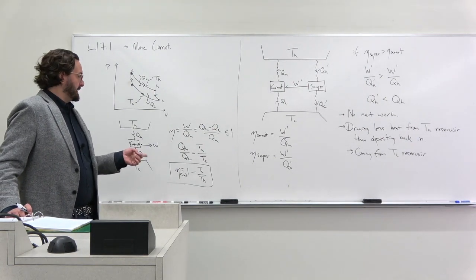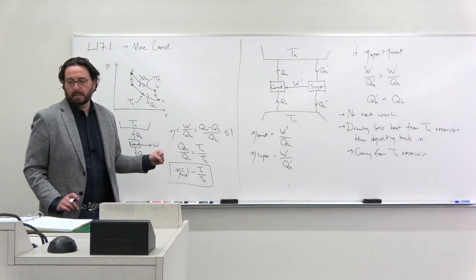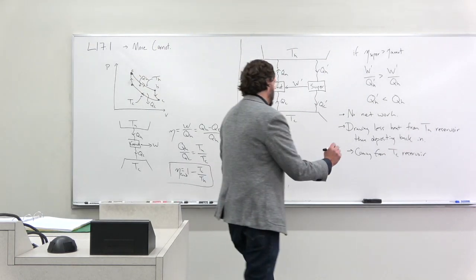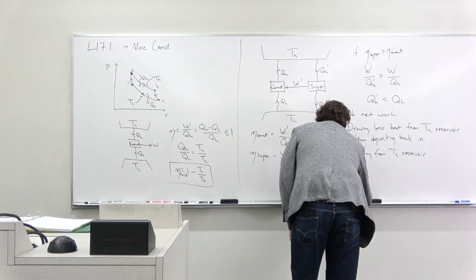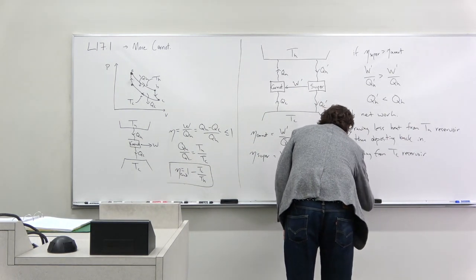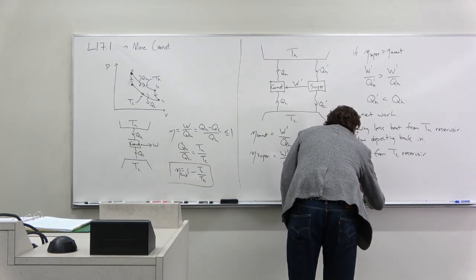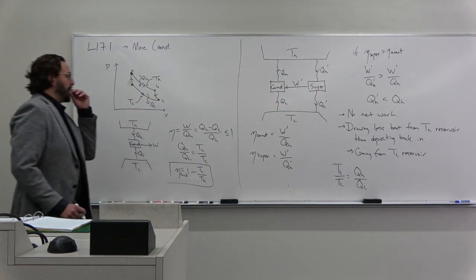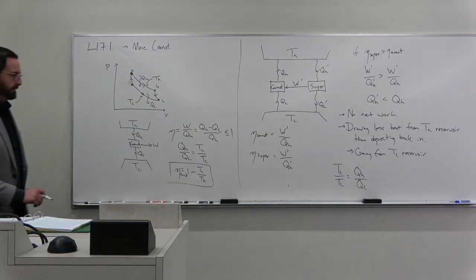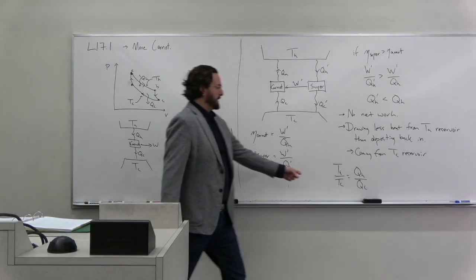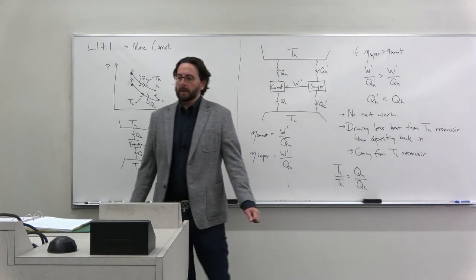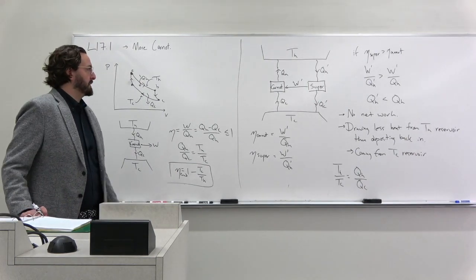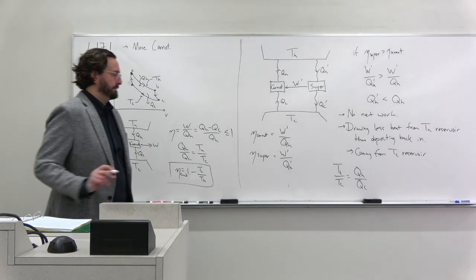And this allows us to say something important. Your book says you can use this to define a thermodynamic temperature. That is, you can have a temperature which is entirely dependent on heat and heat flows, assuming that QH and QC are reversible.